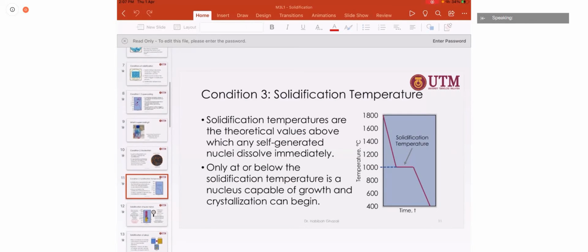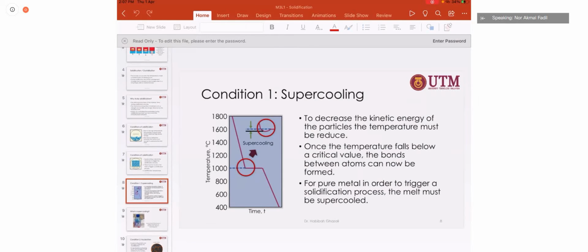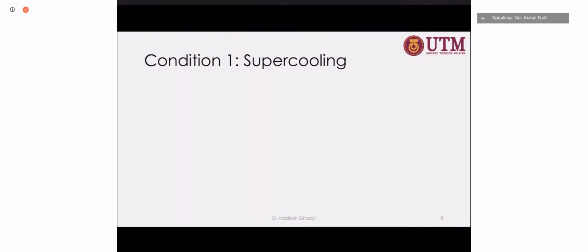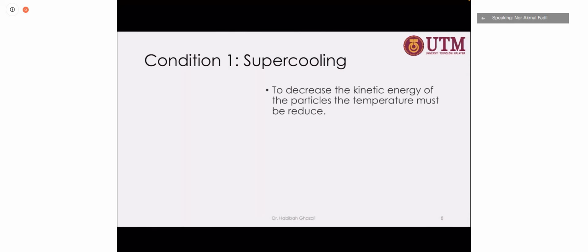So for nucleation, to start the nucleation, there are three stages. Not three stages, the condition. Okay. Of course, for a liquid to solidify, a reduction of temperature is required. It depends on the mechanism of nucleation, either homogeneous or heterogeneous nucleation.